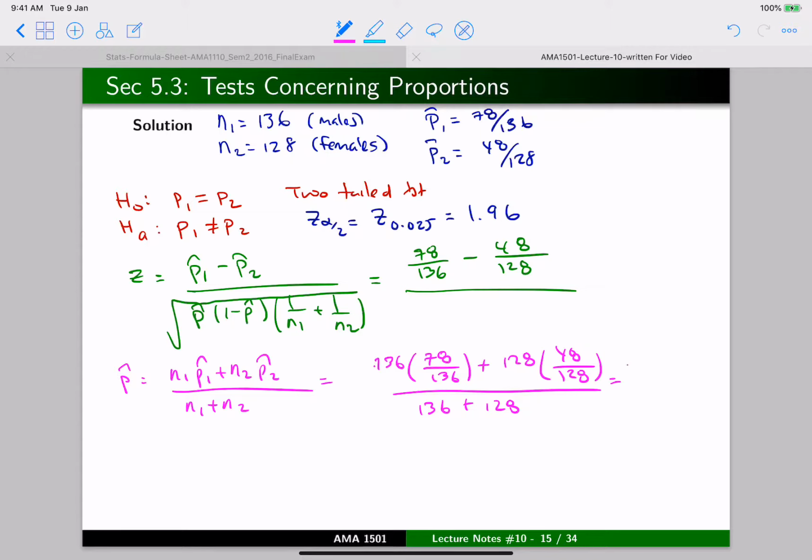That is 78 plus 48 divided by 136 plus 128, which works out to 21 over 44. So the denominator is the square root of 21 over 44 times (1 minus 21 over 44) times (1 over 136 plus 1 over 128). The test statistic is 3.22.